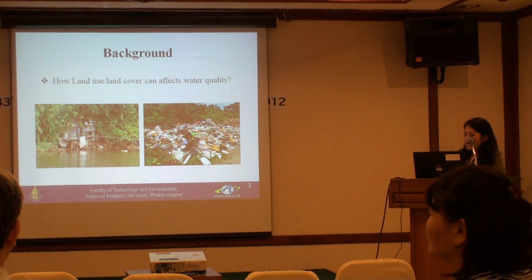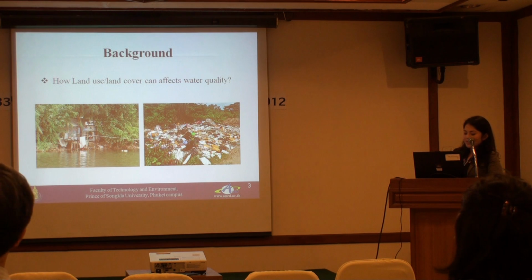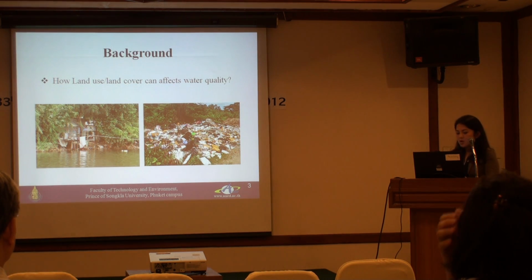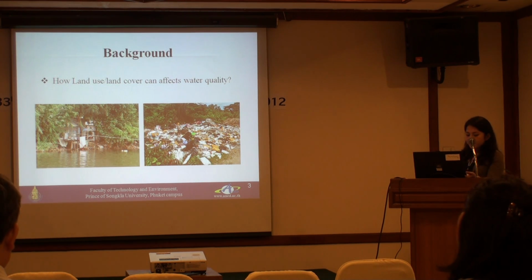In general, land use and cover change are related to increase in economic development, consequently have an adverse impact on the water quality. Higher percentage of development land use area are related to higher concentration of water pollutant. In contrast, undeveloped land, such as forests, are usually related to good water quality.